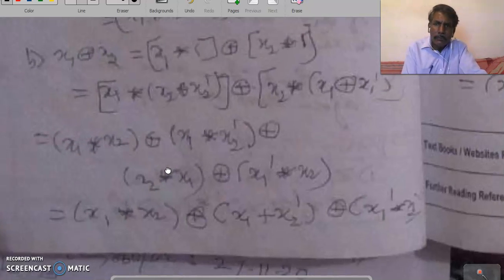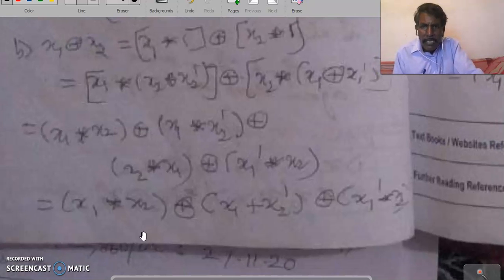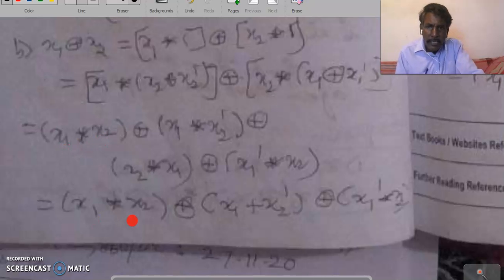Now look at this: x1 meet x2 is coming twice, and x1 meet x2 dash is 1.